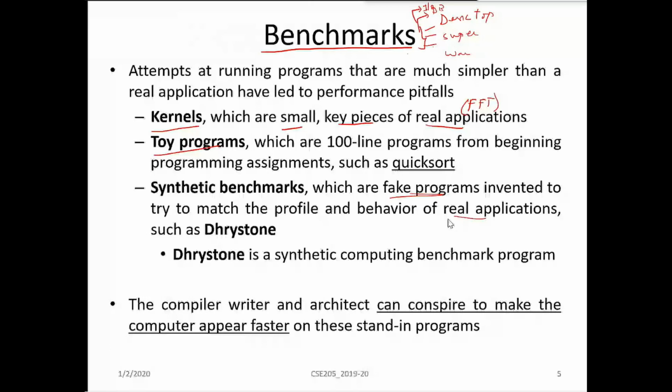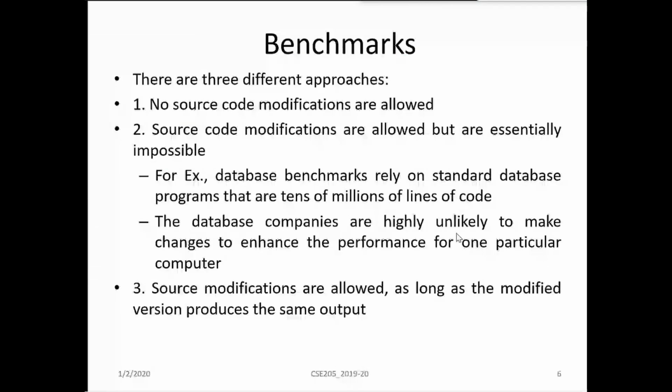When you go with the benchmarks, there are three approaches. One is that no source code modifications are allowed. If they have designed an FFT application, it shouldn't be modified. It has to be executed as is on all the systems, and you evaluate the performance. Or else source code modifications are allowed, but sometimes this may be impossible, because the database benchmarks rely on standard database programs, so in such cases we cannot do it.